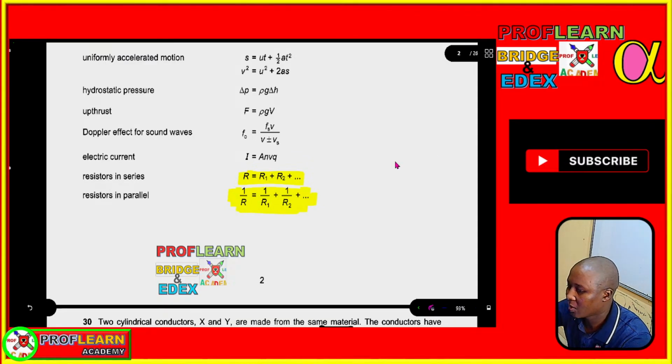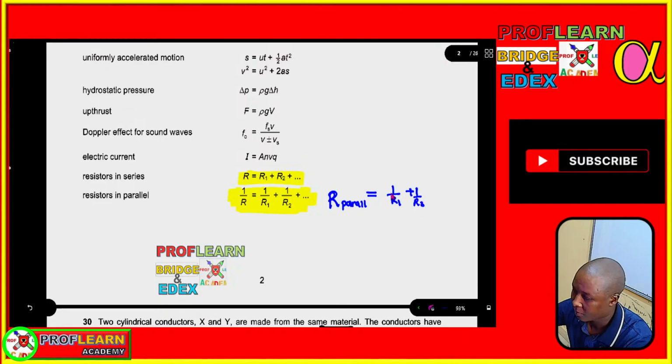But mostly in my paper, when I am doing resistors which are parallel, you'll see me using 1 over R1 plus 1 over R2 raised to power -1, so that I get the answer directly, because if you use the other one, you have to find the reciprocal at the end of the day.